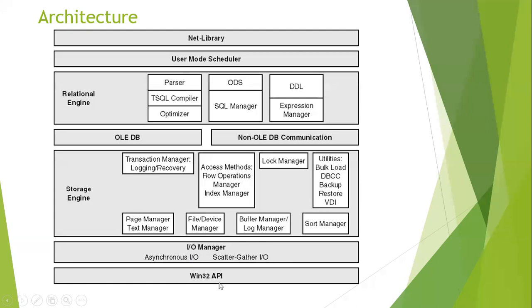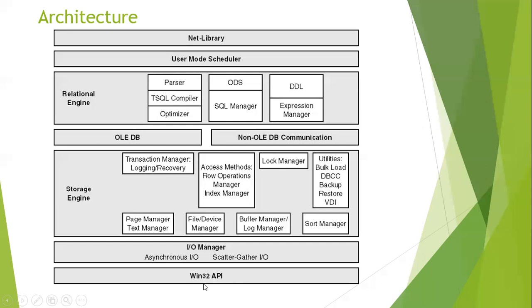So Windows 32 API. API is nothing but application program interface. This is a lower level of your architecture. I mentioned lower level because whatever we perform is all under the Windows operating system, and this is the API. Why I mentioned 32? Mostly everything we consider is under Windows 32 API.